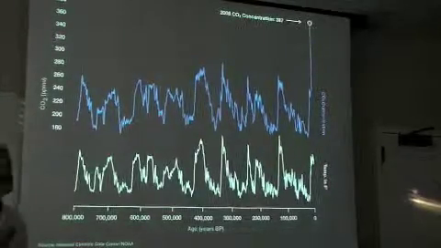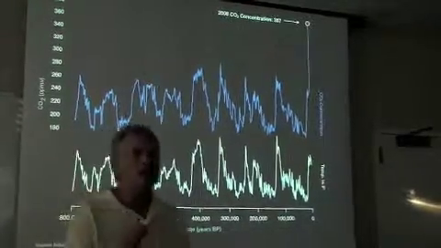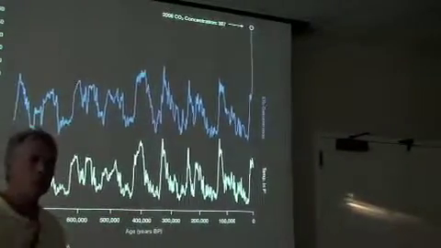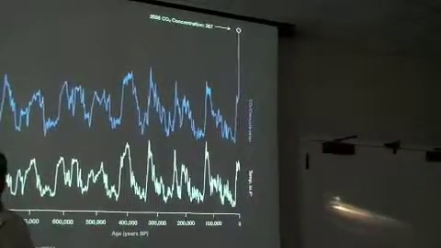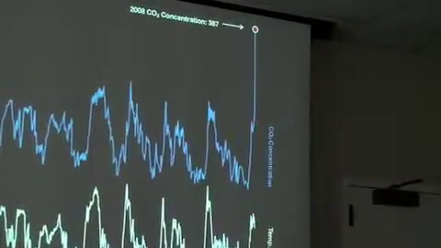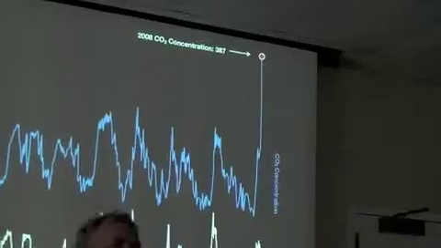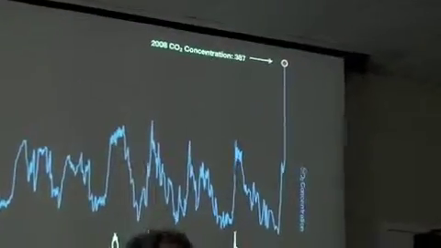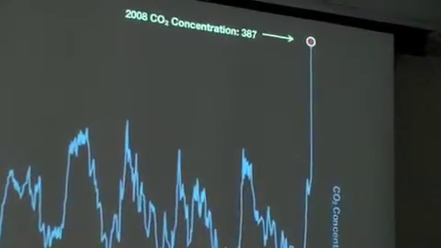All right. Last year, 2008, the concentration of CO2 in the atmosphere in the world was 387 parts per million. That is a fact. I don't care what party you belong to. I don't care whether you believe in global warming or not. This is an absolute fact.